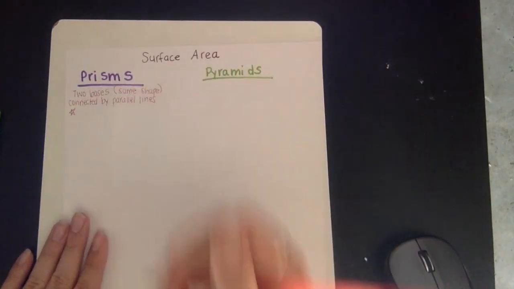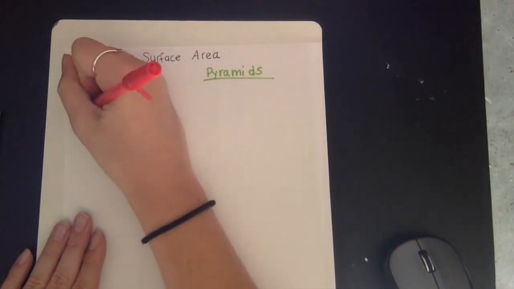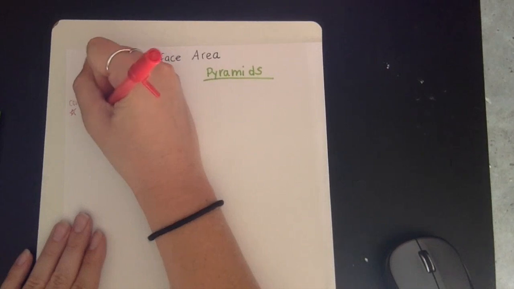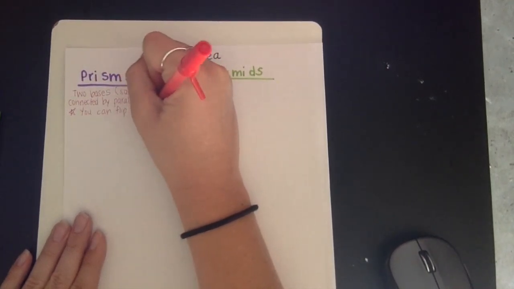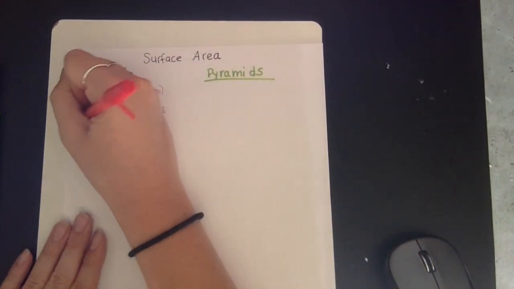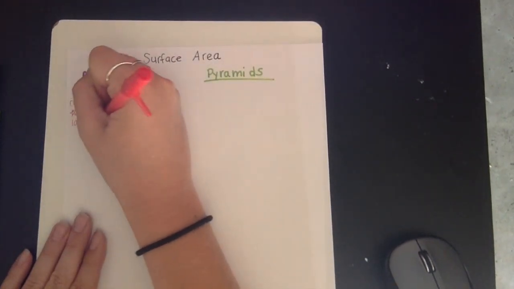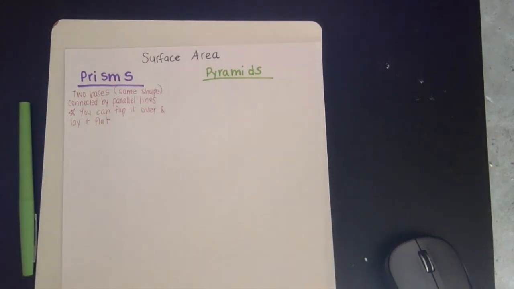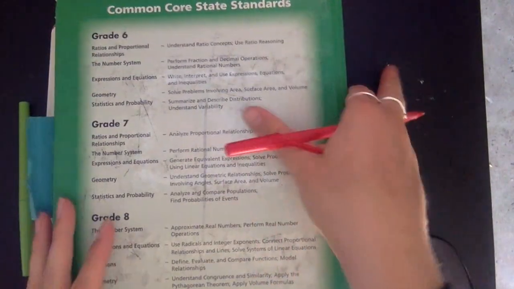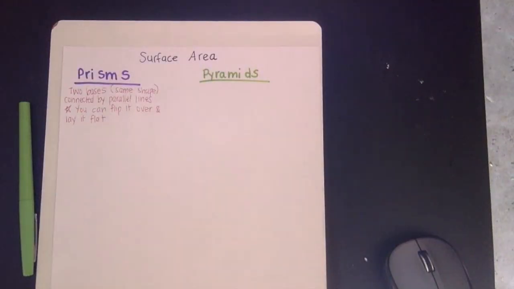And how you know something is a prism is that you can flip it over and lay it flat. Just like your textbook, which is a rectangular prism: if I have it this way, I can flip it over and I can still lay it flat, because those two bases are going to be the same.